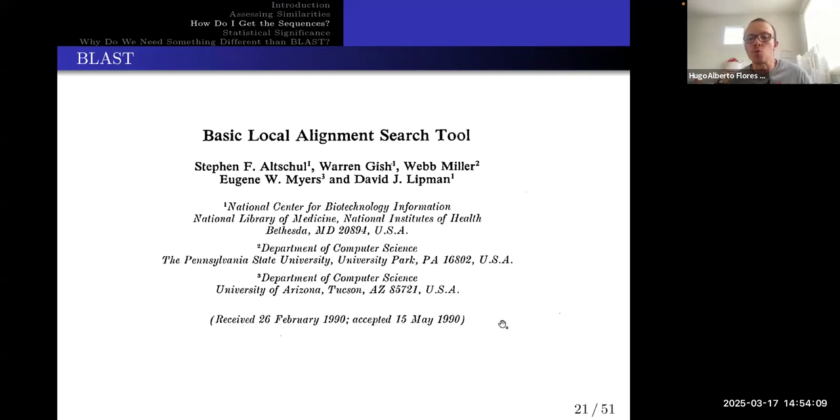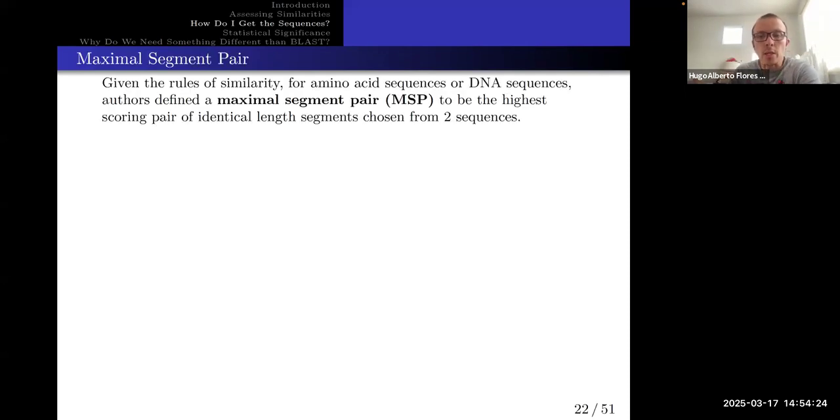Nevertheless, this is the first version. Along these years, different things have been updated and optimized to get better results. That is exactly one of the things we would like to discuss in these slides.